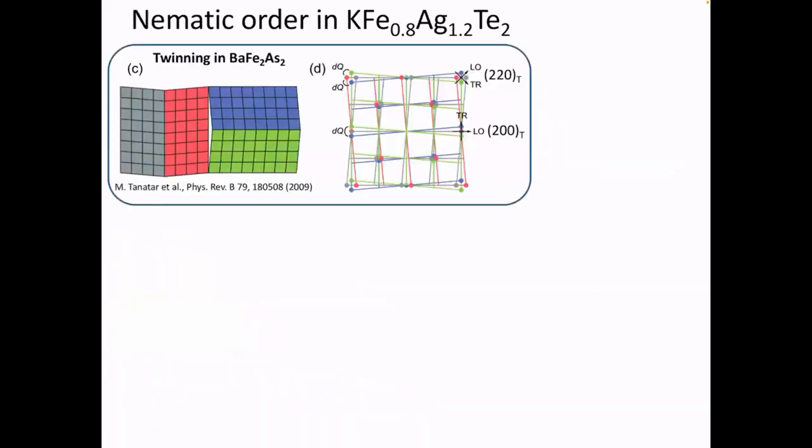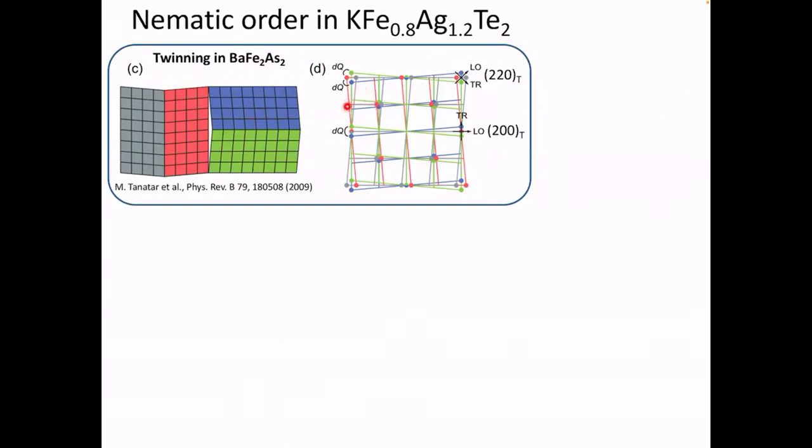So in addition to this structural ordering of the iron and silver, I actually have evidence for a nematic order in this system as well. Before going into the data that we have, I'd like to review the results in the case of barium iron arsenide in single crystal studies. In single crystals, you have 4 types of structural domains shown on the left here.